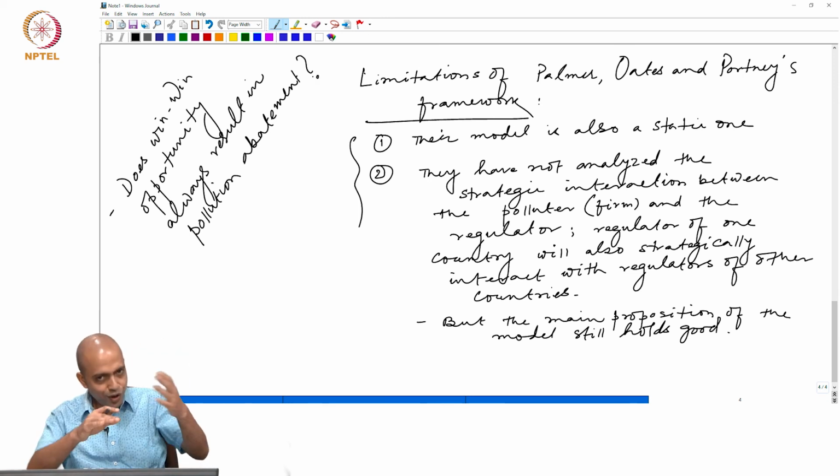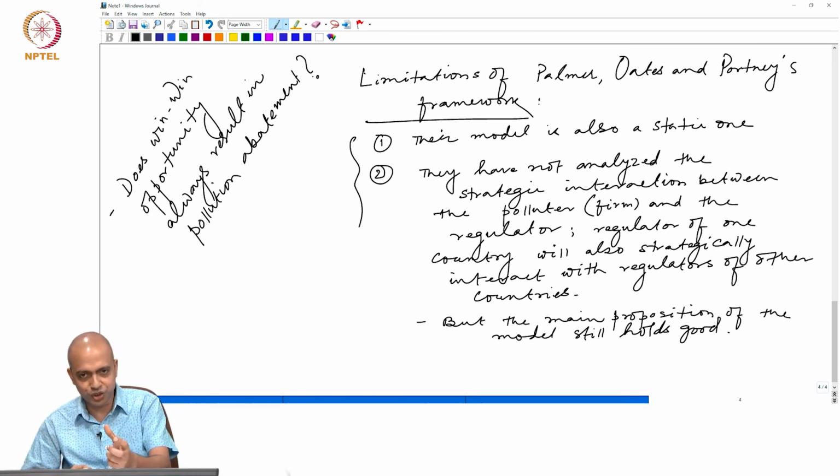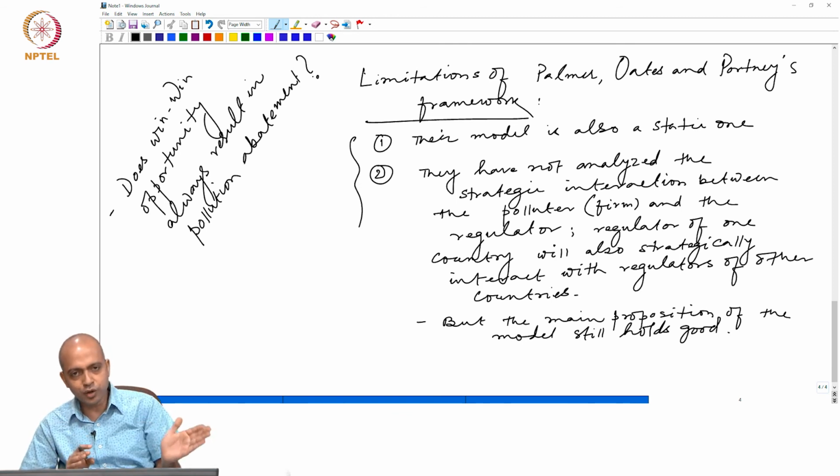That means, so far economists or empirical researchers are asking whether Porter's hypothesis is true or not with empirical data. That is, whether regulation is leading to a higher level of output and lower pollution or not.